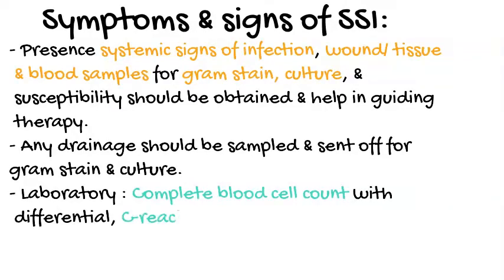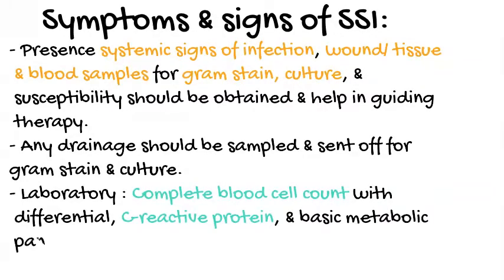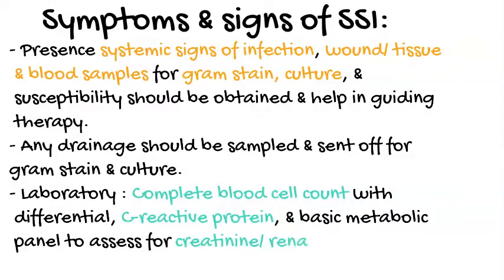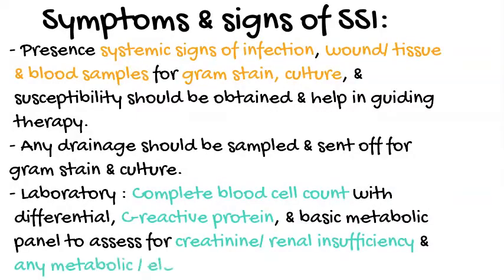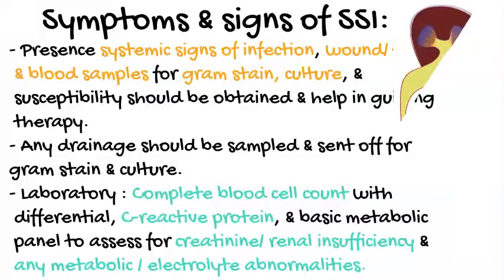Any drainage should be sampled and sent off for a gram stain and culture. Laboratory tests: a complete blood cell count with differential, C-reactive protein, and basic metabolic panel to assess for creatinine or renal insufficiency and any metabolic or electrolyte abnormalities.